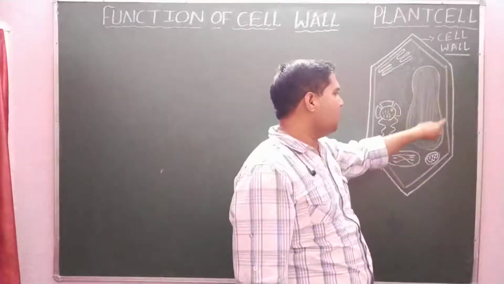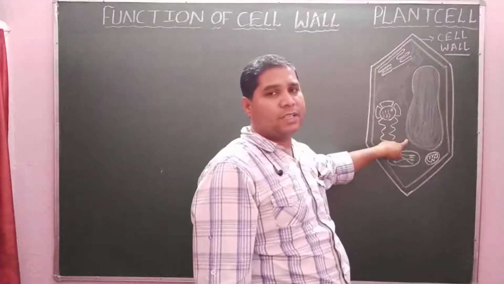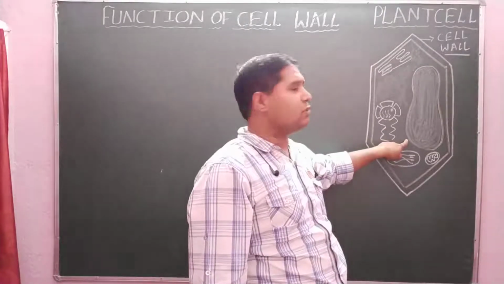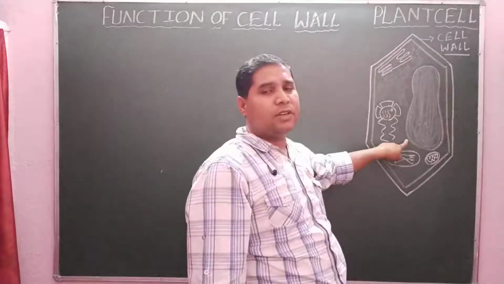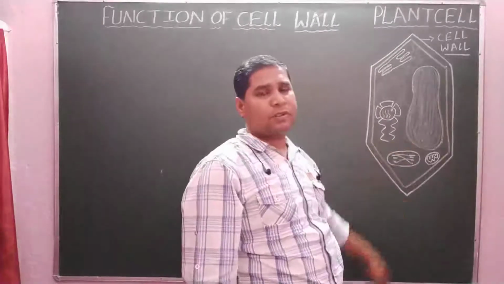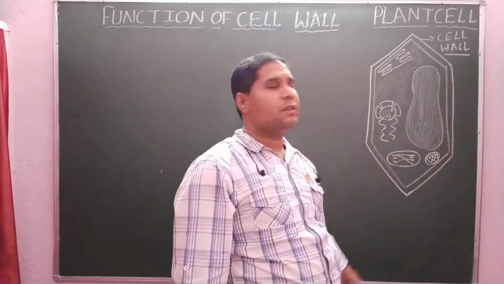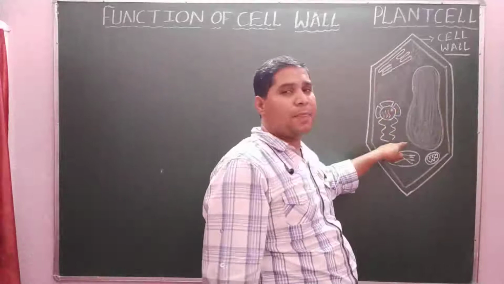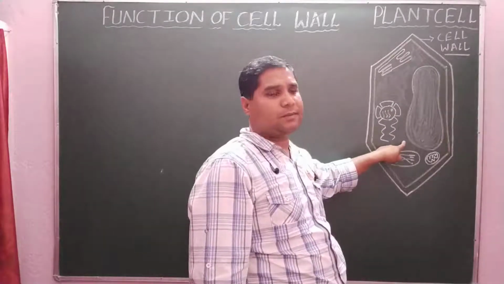A large bag-type structure is known as a vacuole, which occupies approximately 40 to 50% of the total surface area inside the plant cell.